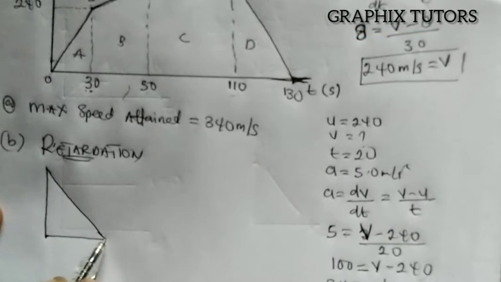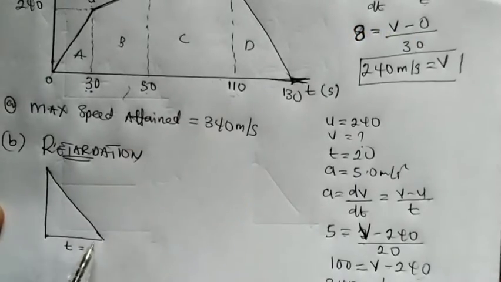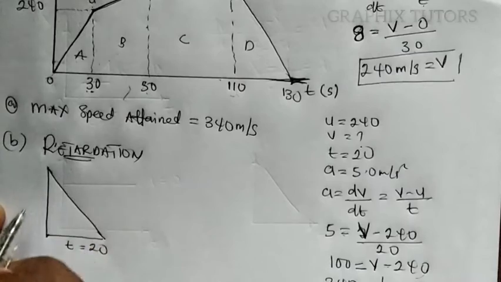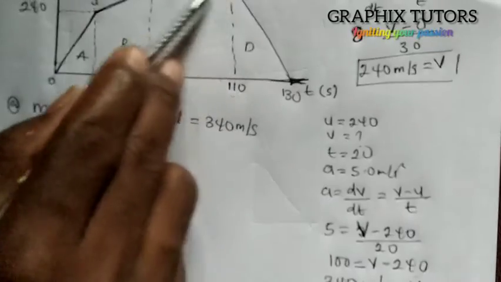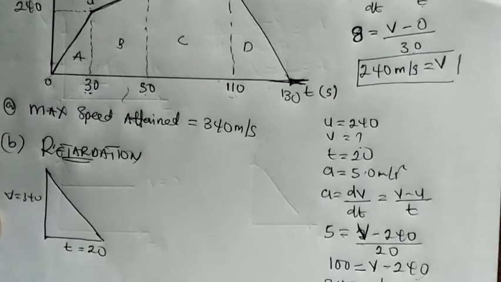So from here, this is T, which is equal to 130, and that will give you 20, and the V is 340. So my V here is equal to 340 in this case.